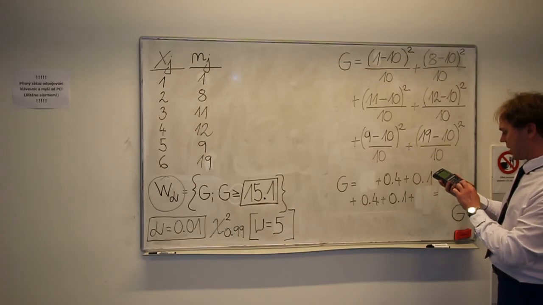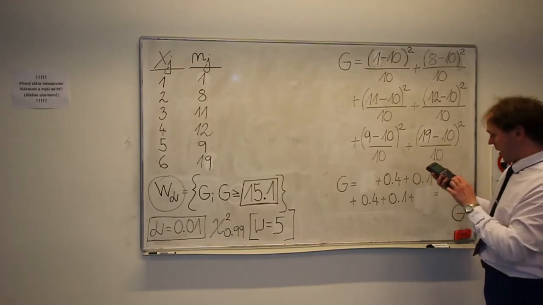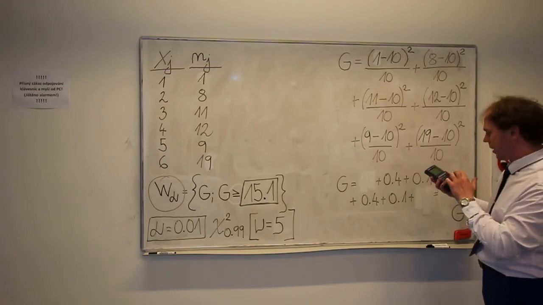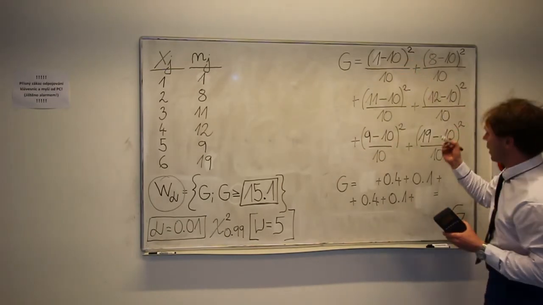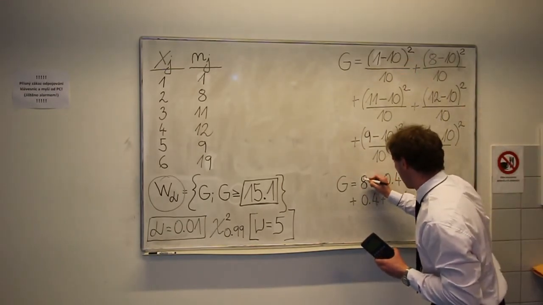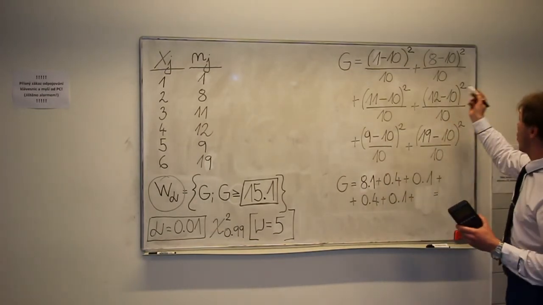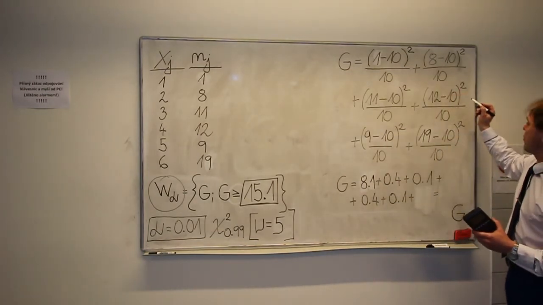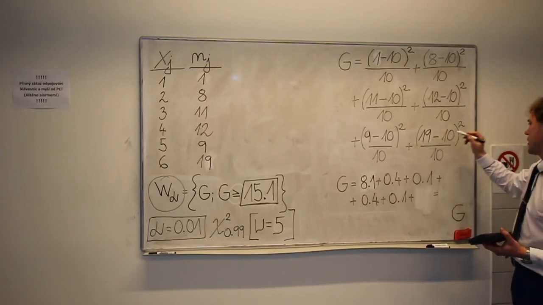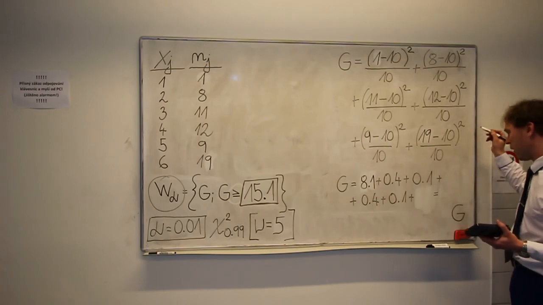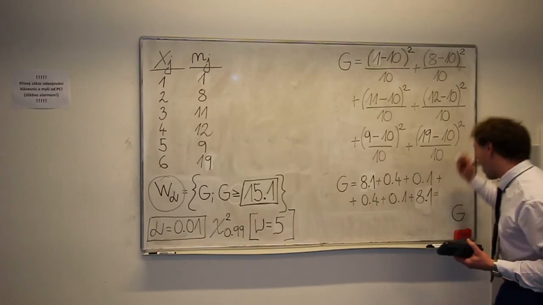So 1 minus 10 squared is 81, divided by 10 is 8.1. So the result here is 8.1. And also here, where we have 19 minus 10 squared, is again 81 divided by 10, 8.1.